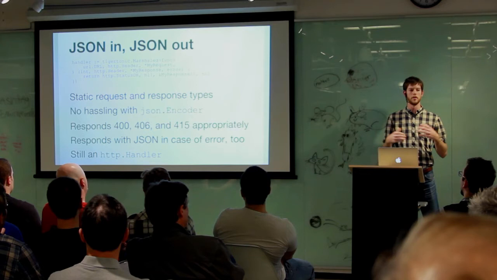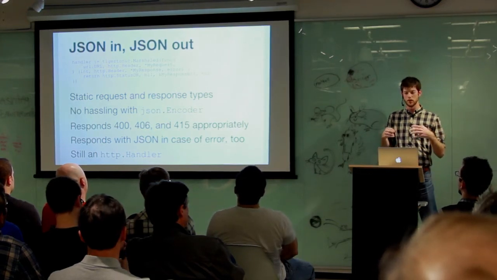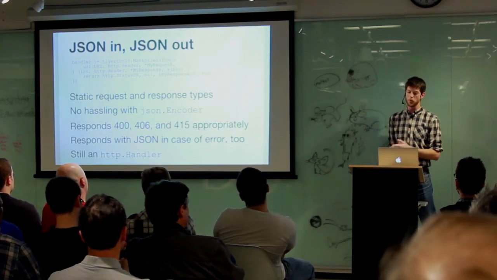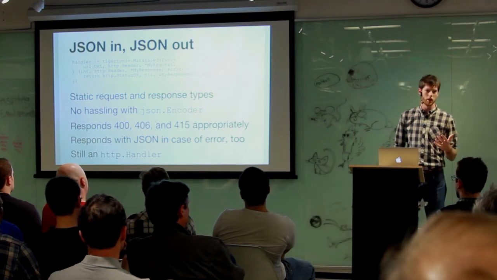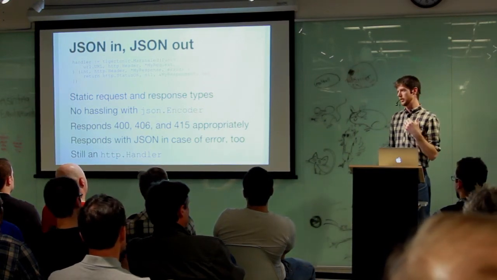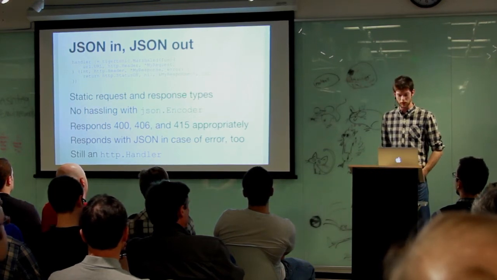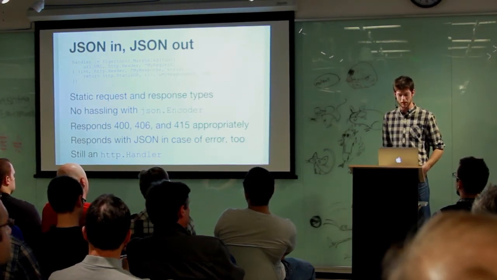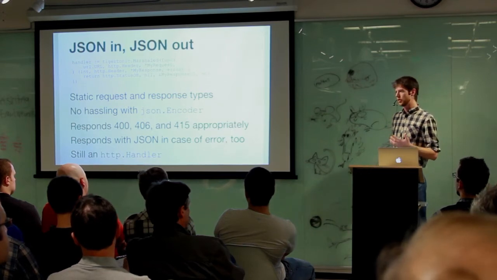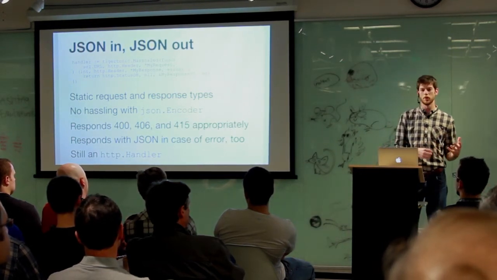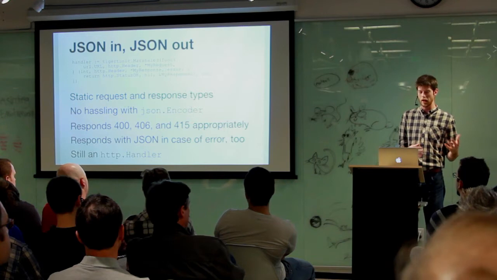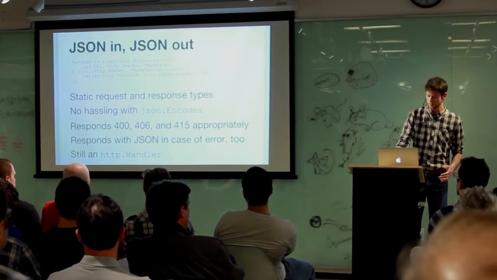And the magic of dealing with JSON, of dealing with the bad requests and the unacceptable requests and the unsupported entity type, whatever 415 is, all of those are handled by the framework, and the output is a handler that we can use wherever.